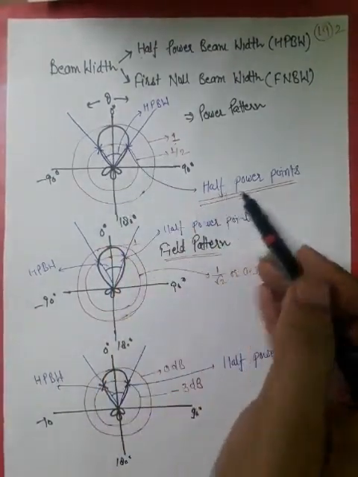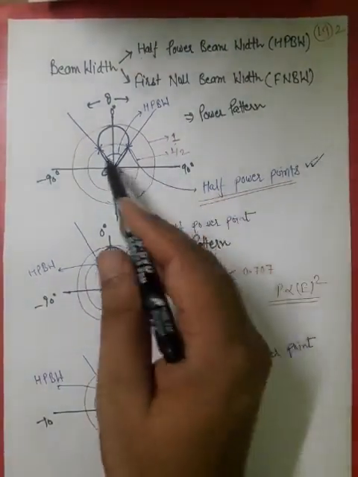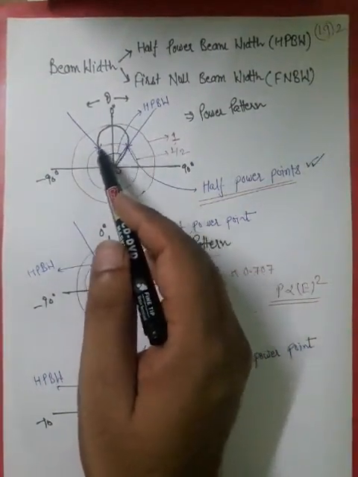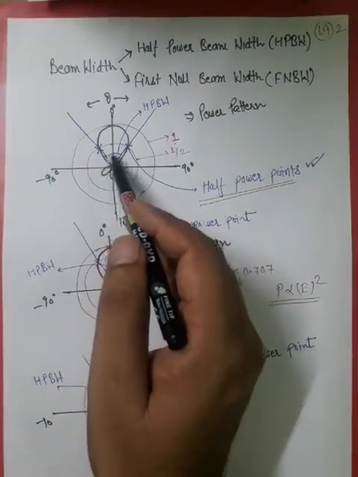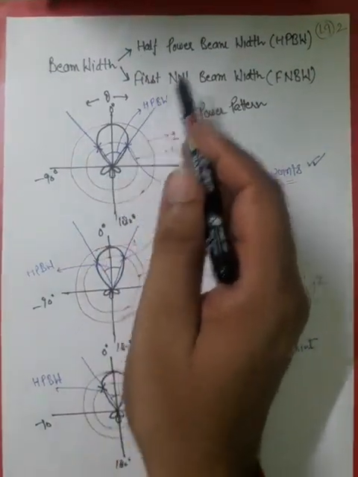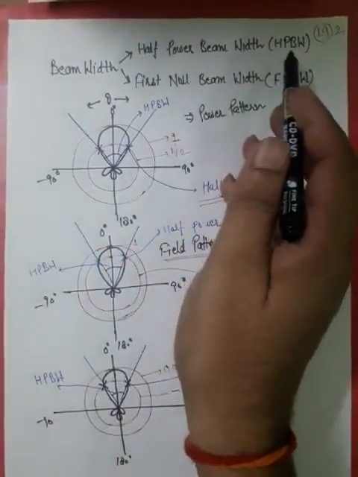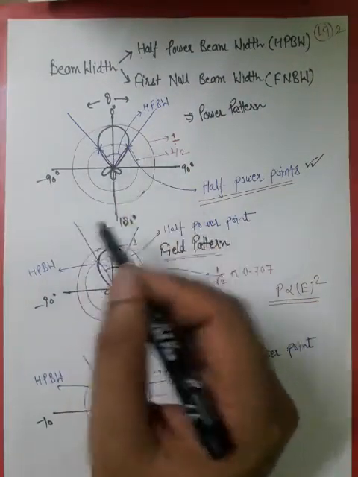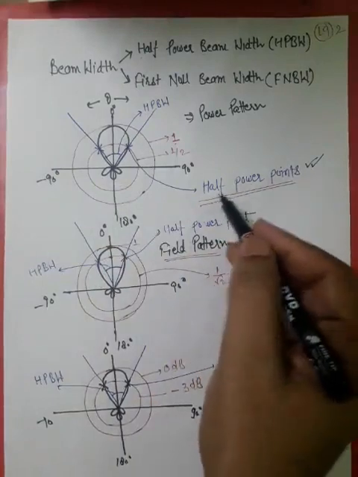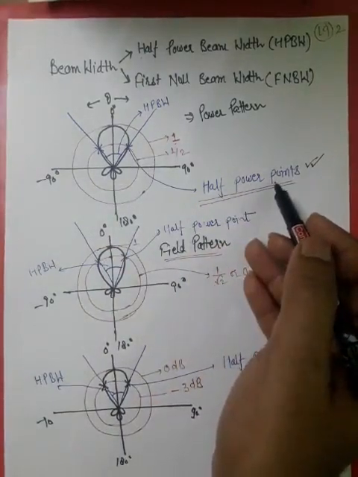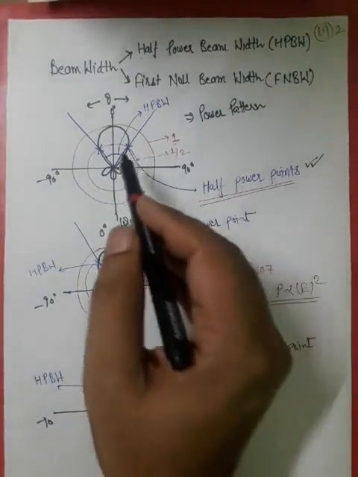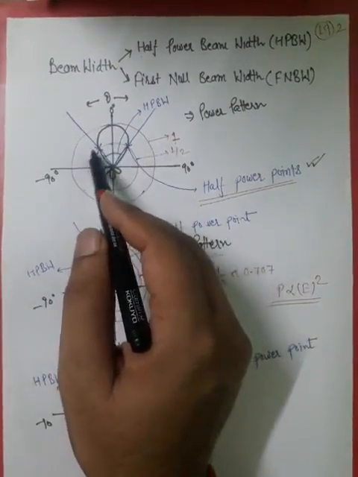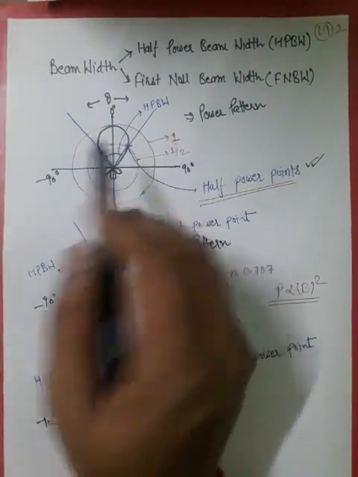These points are called half power points, and the angle between these two is known as the half power beam width. So it will be this much degree. If this half power point is at theta, then the beamwidth is 2 theta.